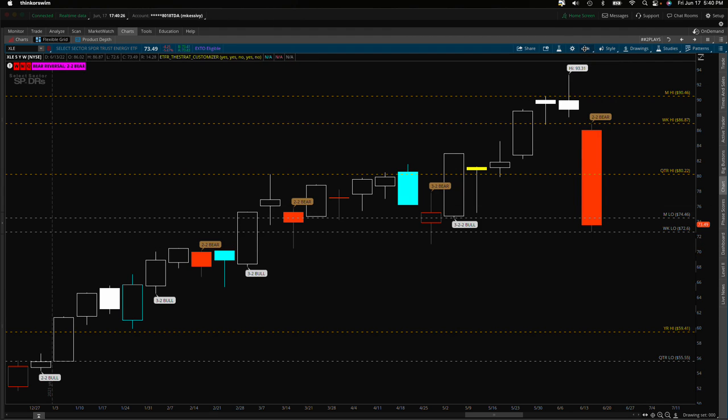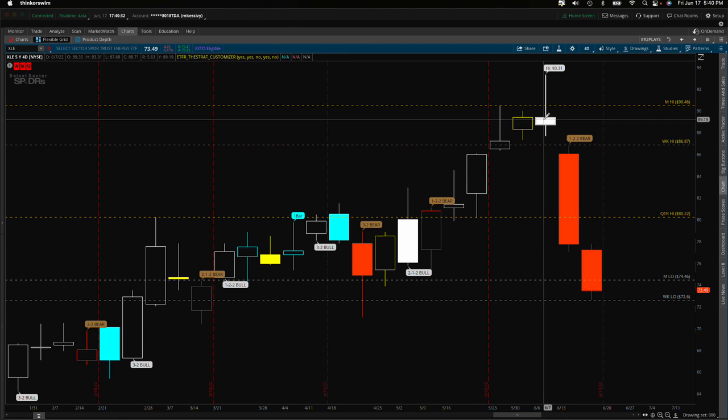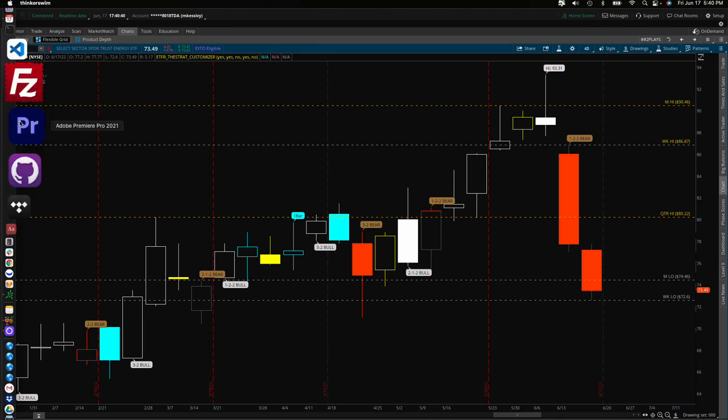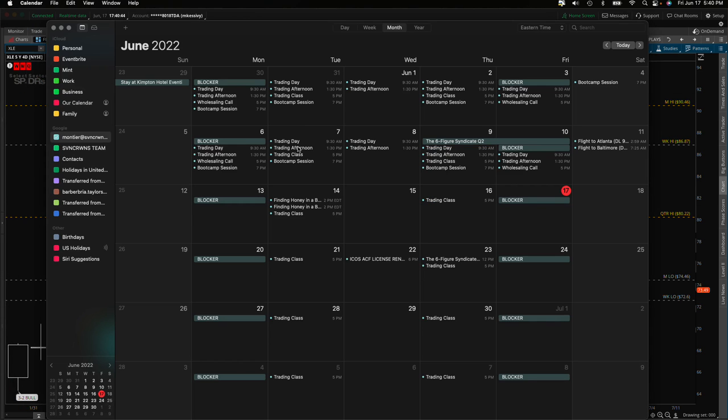So now we go to the 4-day chart to see what's happening. So actually, what is this? 6-7. So we look at 6-7. So you had 1, 2, 3, 4. That candle closed on the 10th.